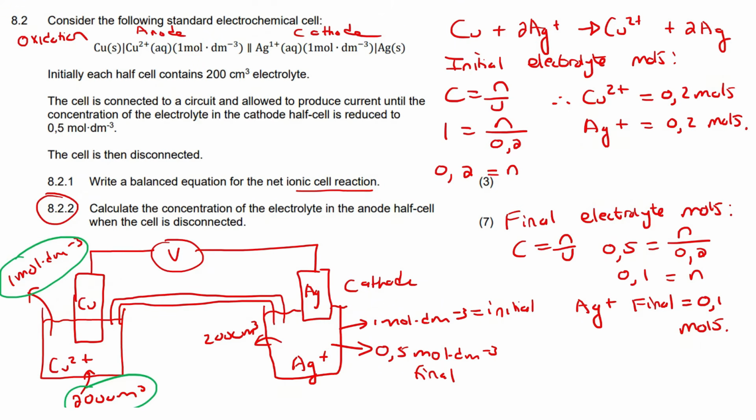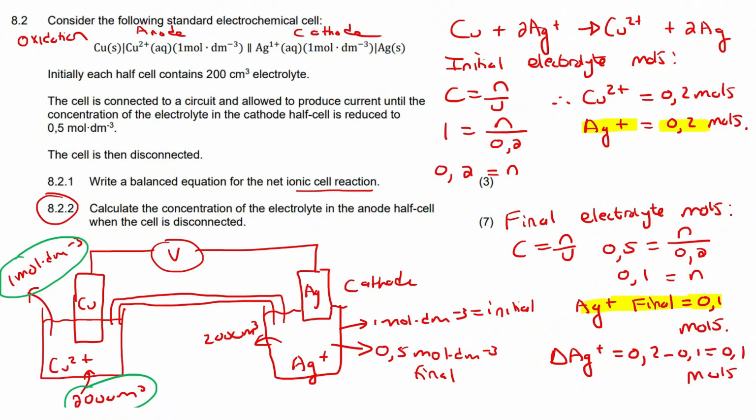What I want us to now look at, if you look at these two, from that, we will be able to work out how the Ag+ changed, right? We know that it started with 0.2, now it has 0.1. So how much did the Ag+ change by? What was the change in the Ag+?